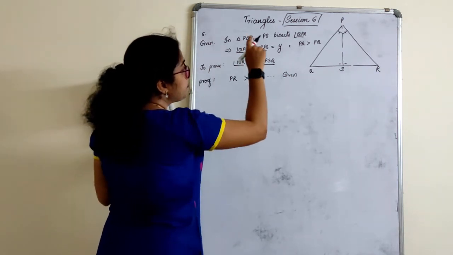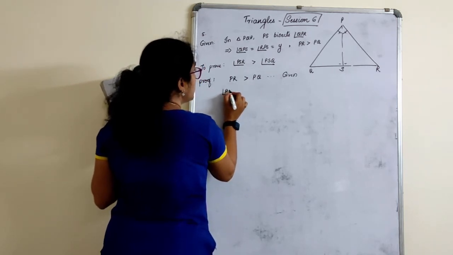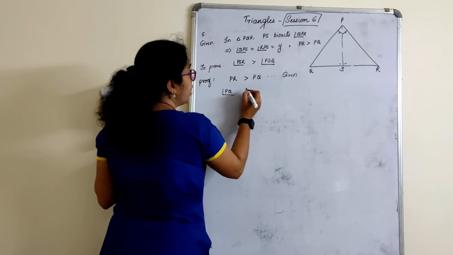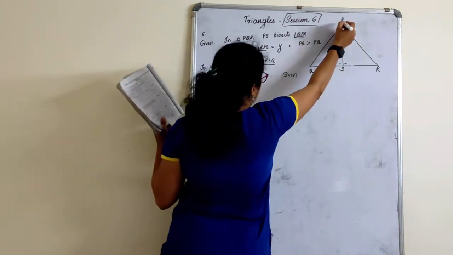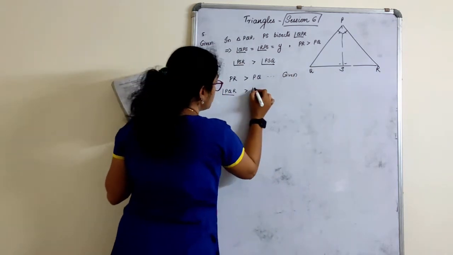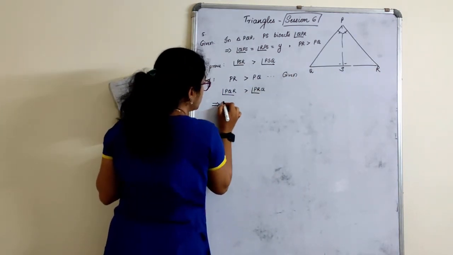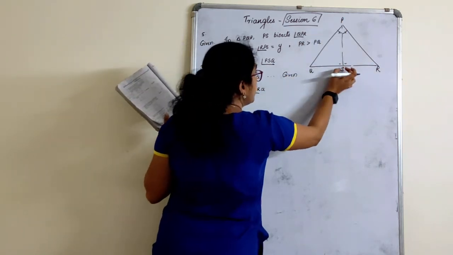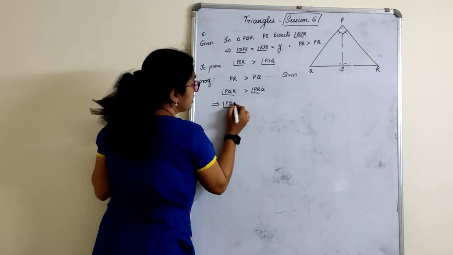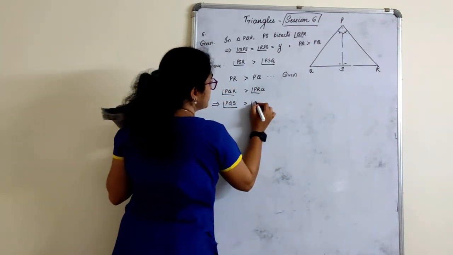With respect to PR, what is the angle, children? Angle PQR is greater than angle PRQ. This can also be written as angle PQS is greater than angle PRS.